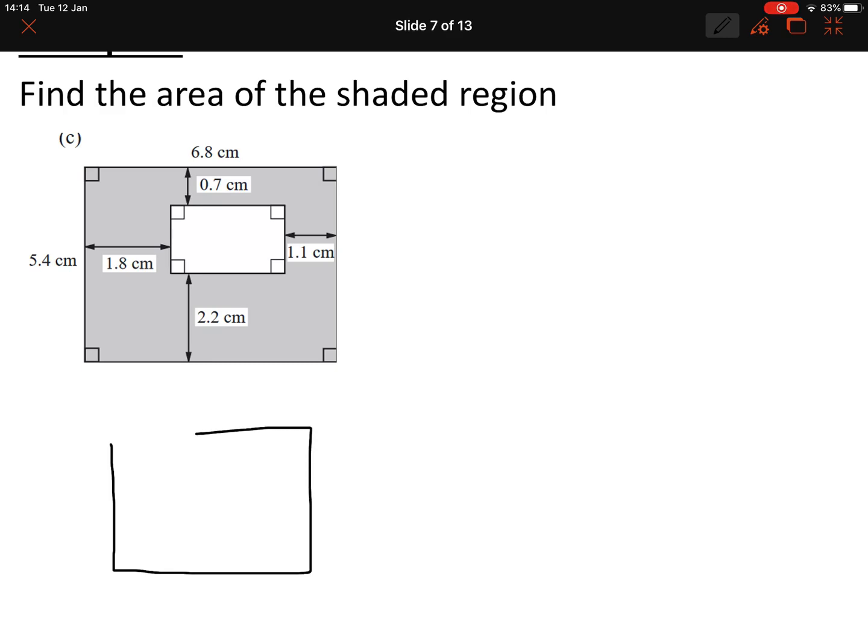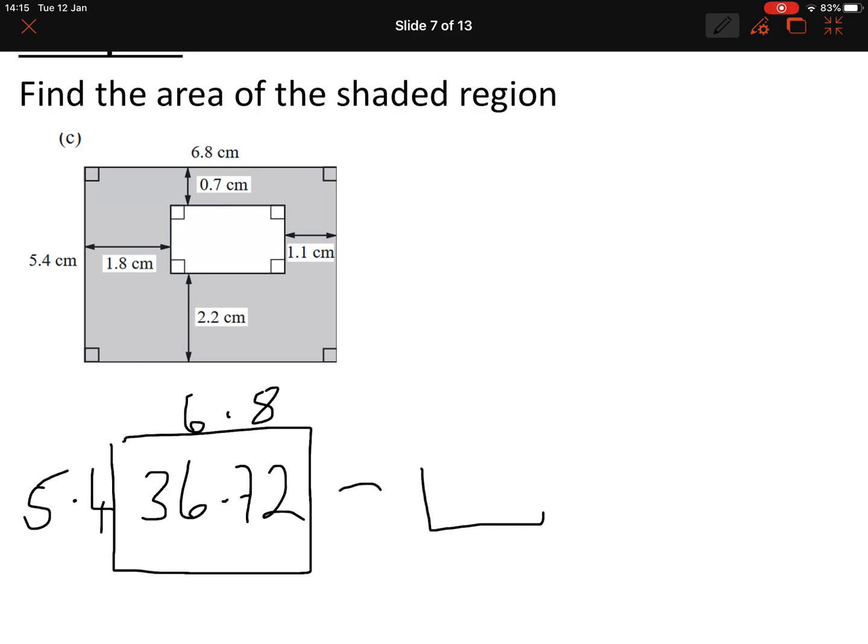So we know the big rectangle is 6.8 by 5.4 centimeters. Using my calculator, 6.8 times 5.4 would give you 36.72 centimeters squared.